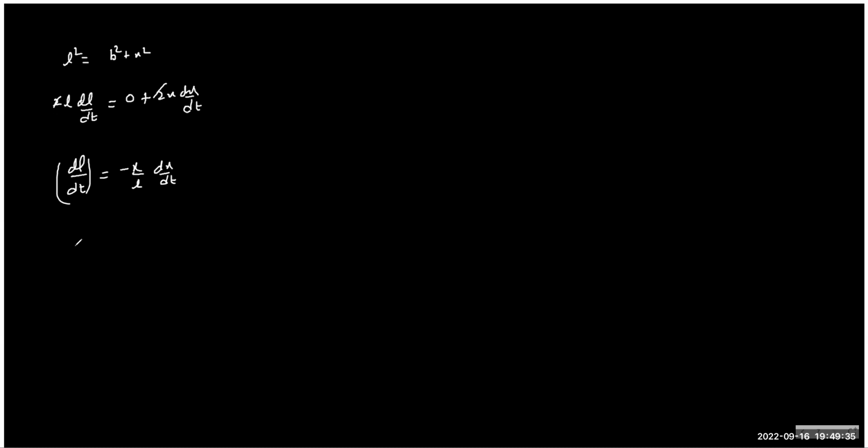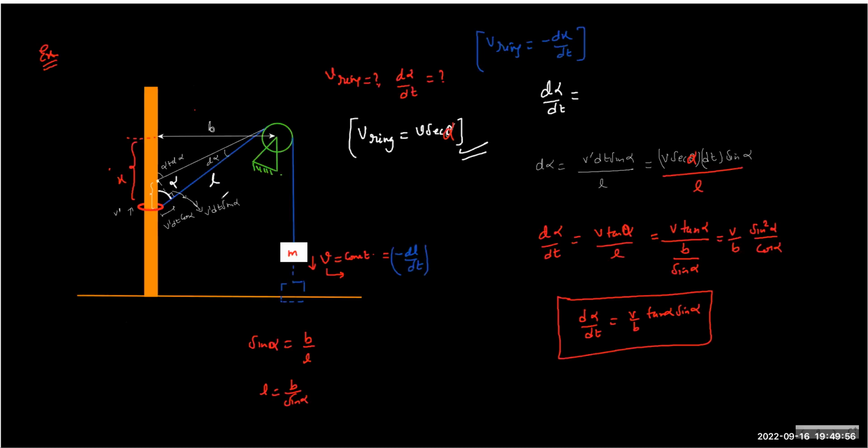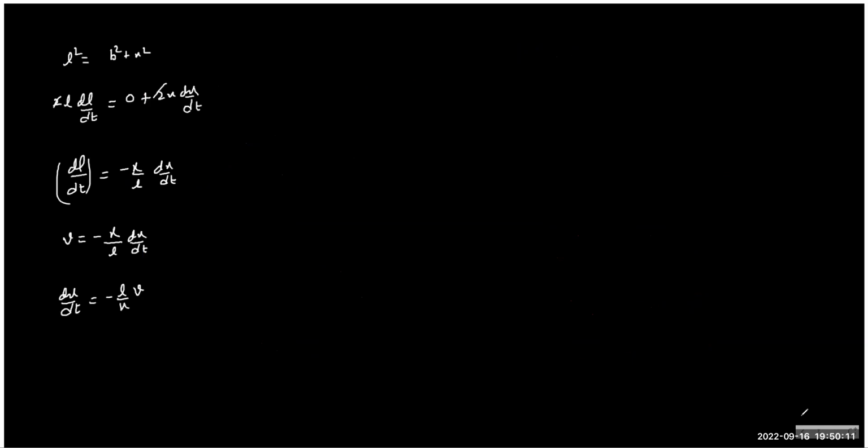So you can write this as V. And from the triangle, what is L by X, by the way? If you look carefully, from the triangle, can you see the L by X? L and X relation. Cos alpha is X by L. So L by X is basically sec alpha.